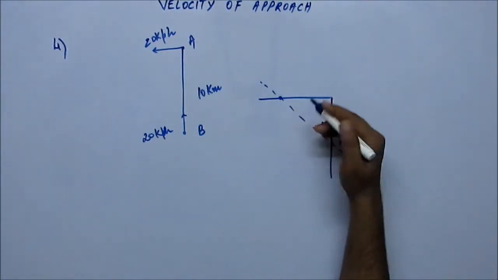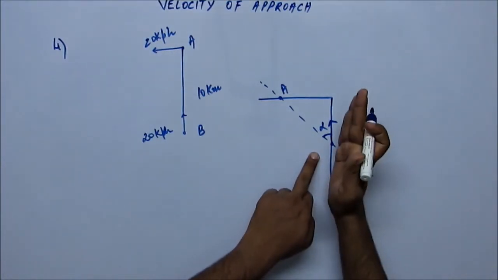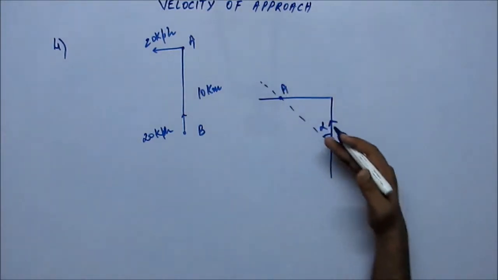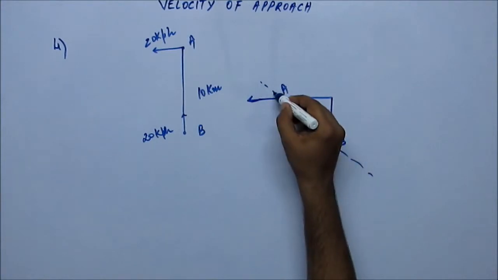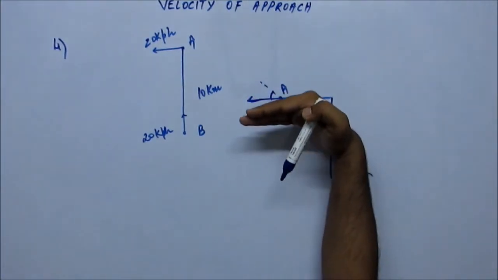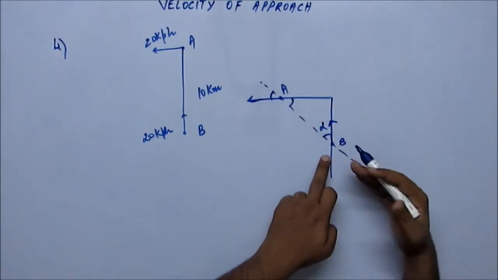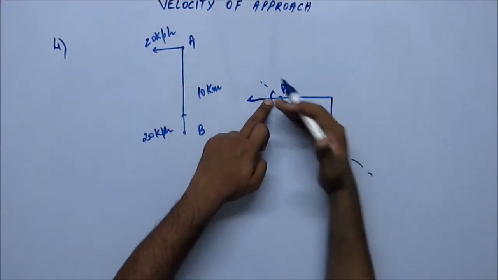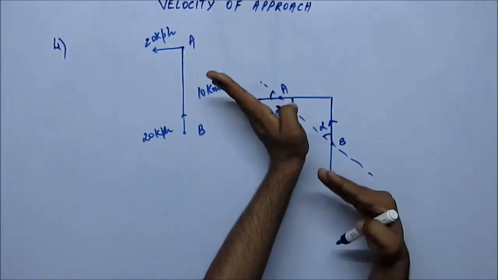So along this line joining A and B, the velocity of B would be 20 cos alpha along this direction, and that of A, if this is alpha, this is 90 minus alpha. Velocity of A would be 20 cos (90 minus alpha), that is 20 sin alpha. Now B is going towards A, and A is receding from B. So the velocity of approach would be this velocity minus this velocity.